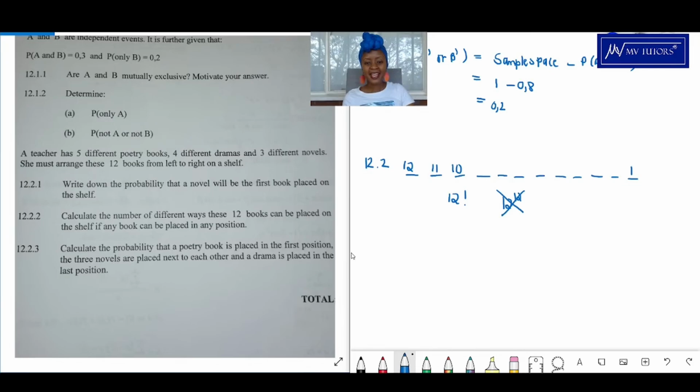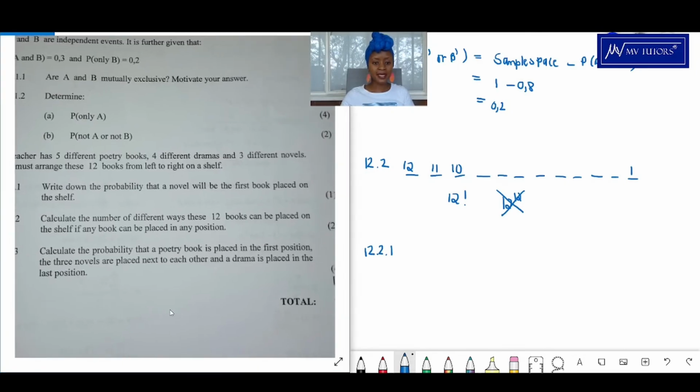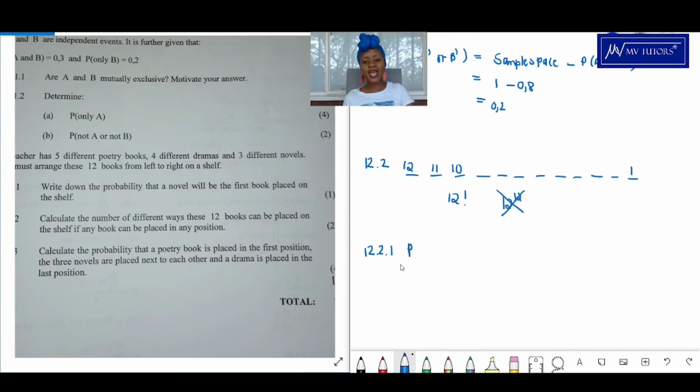All right, and now let us go to 12.2.1. So write down the probability that a novel will be the first book placed on a shelf. So how many novels are there? There are 3 different novels. So probability of a novel: we have 12 books in total.